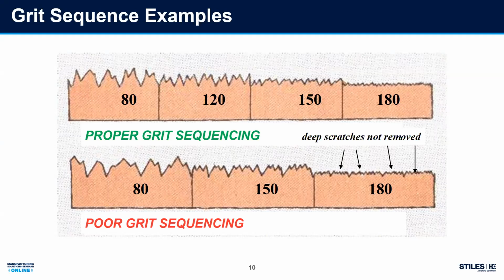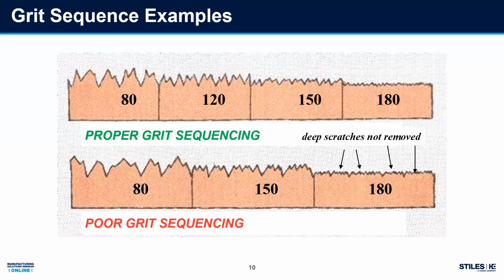As you can see on the bottom diagram, we're starting off with 80. We skipped 100. We skipped 120. We're going to try to get out those deeper scratches with the 150 and 180. And as you can see, you basically get a hybrid scratch pattern. And with the human eye, this can be very difficult to pick up. This looks like a very smooth 180 scratch.